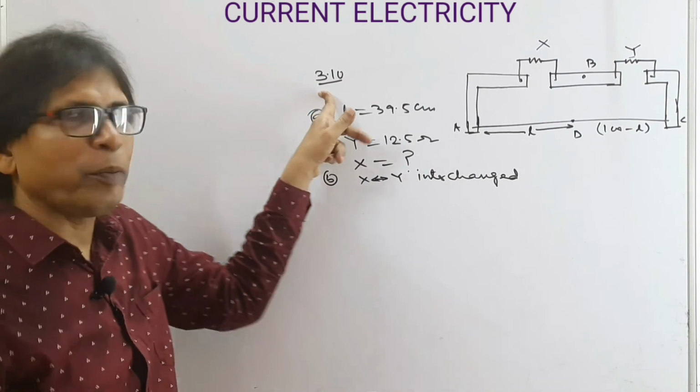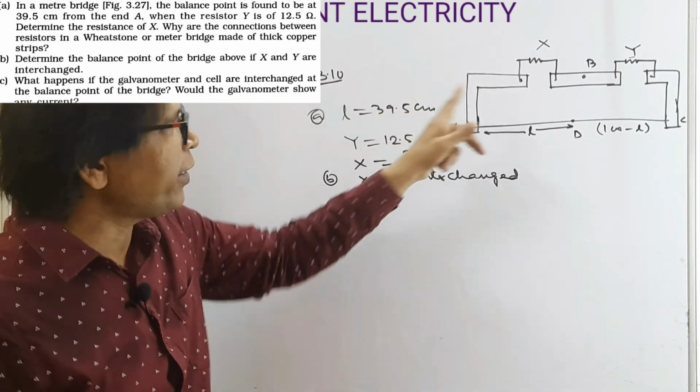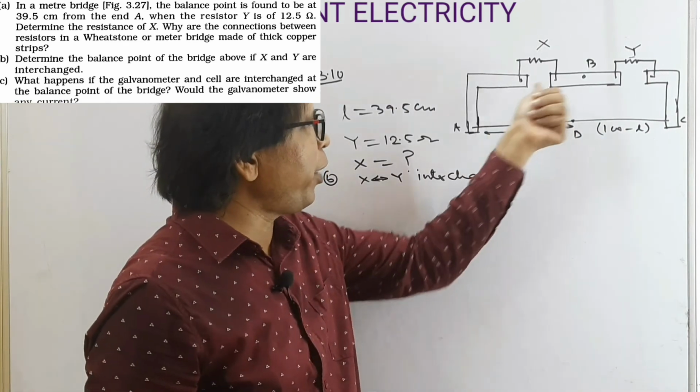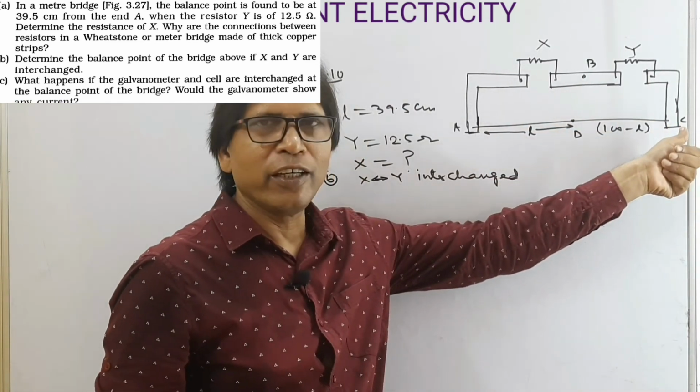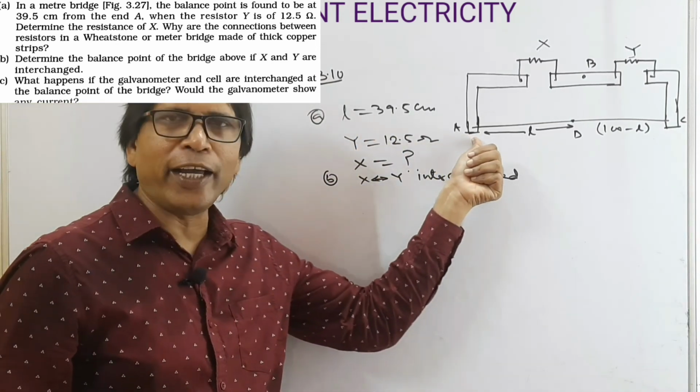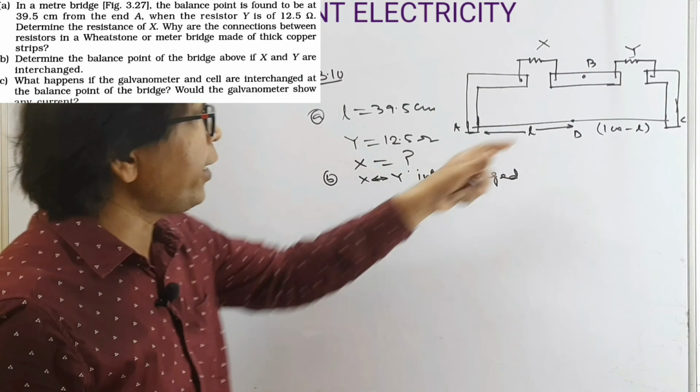Now NCERT 3.10. Look at this. X and Y are the resistances in the gap AB and in the gap BC. The null point is obtained 39.5 cm from the end A. Y is given.